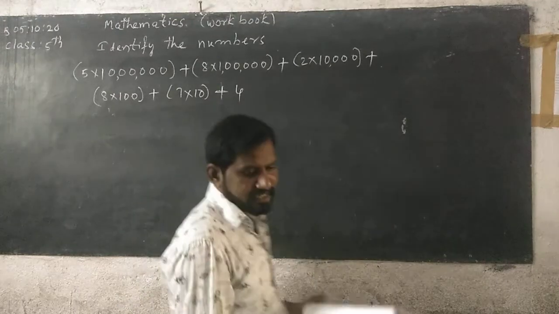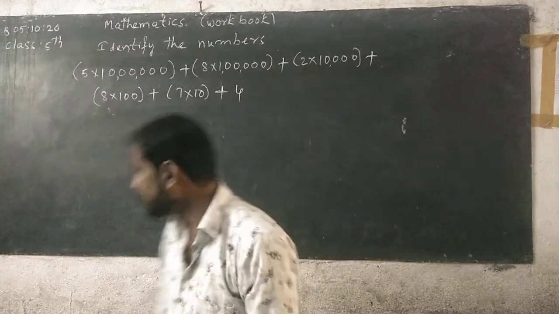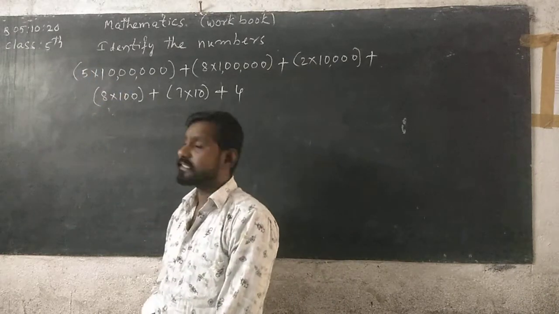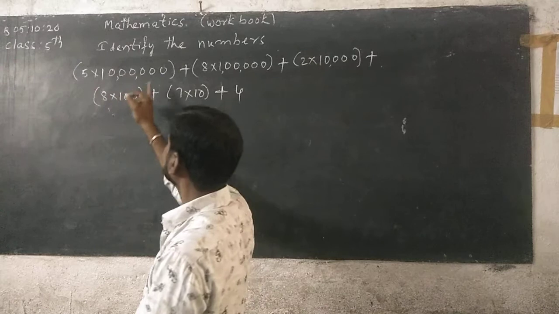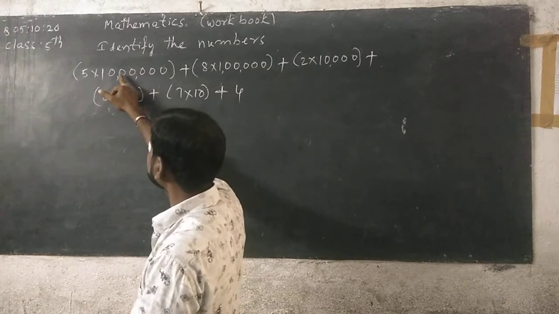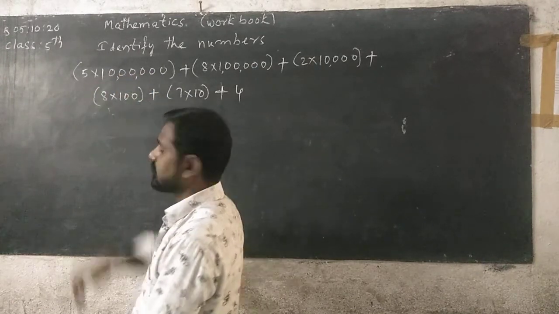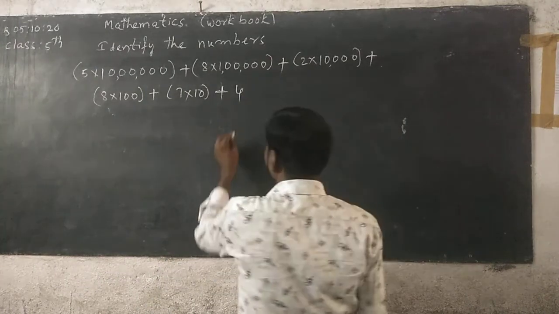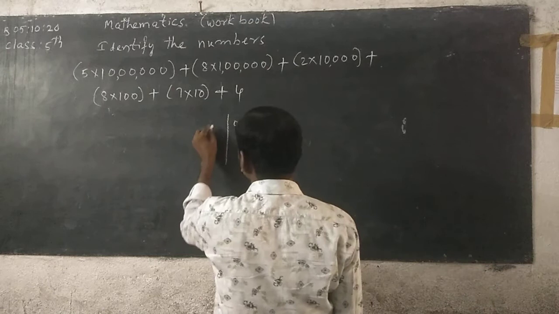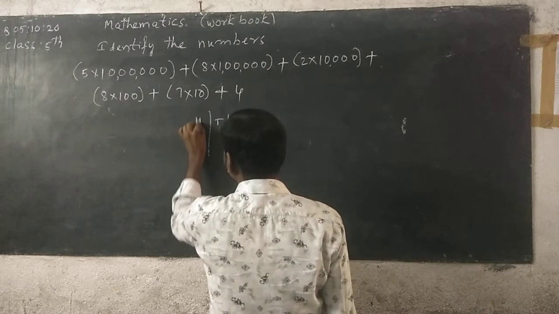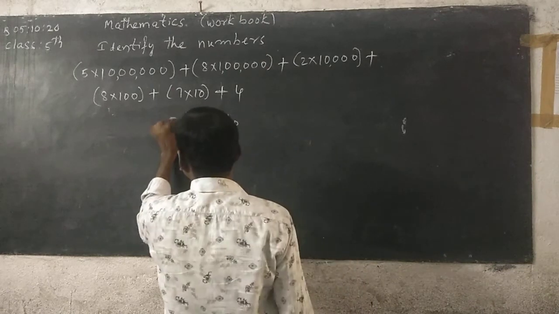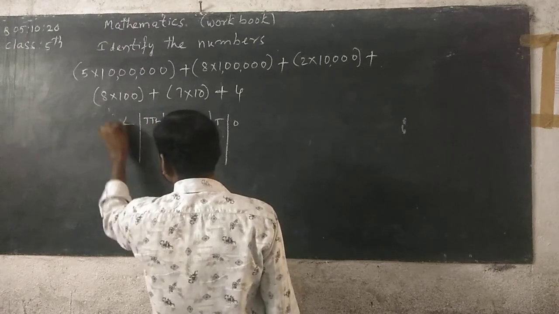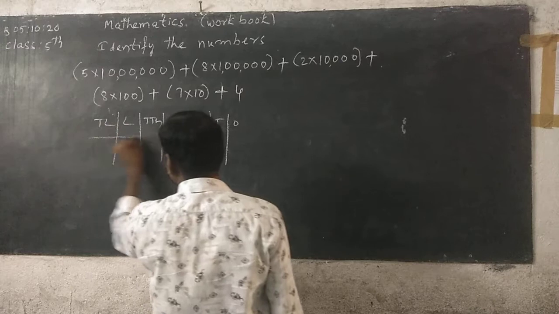First you can write the Indian place value chart. Observe the first number on the left side. See here, 5 into 10 lakh, so you can write from ones place to 10 lakhs place: ones, tens, hundreds, thousand, 10,000, lakh, 10 lakh.